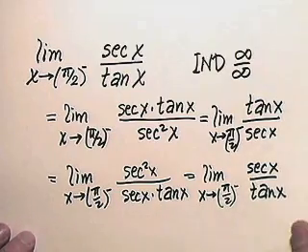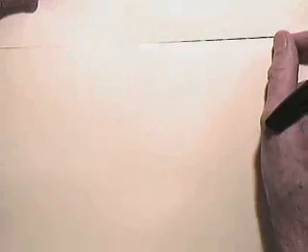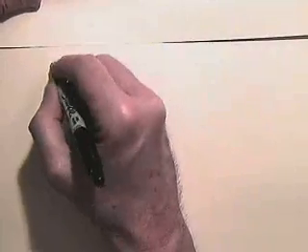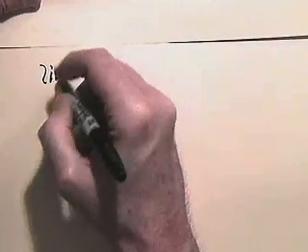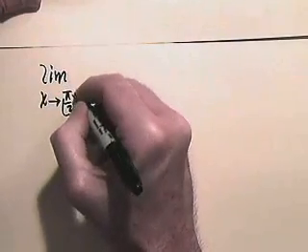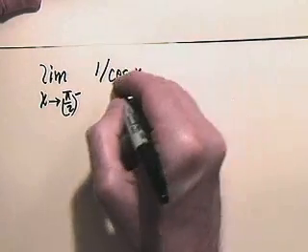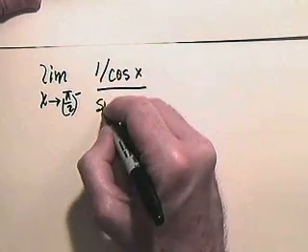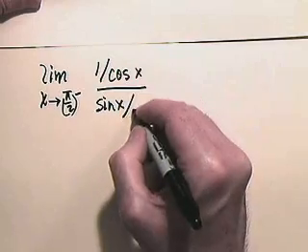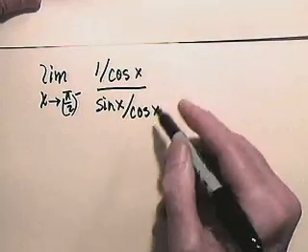Well, what can we do with this thing? Limit as x approaches pi over 2 from the left of secant x over tangent of x. Well, let's look at it and keep in mind our trig identities. Secant of x is 1 over cosine of x. Tangent of x is sine over cosine of x. Well, now the cosine of x's cancel out.